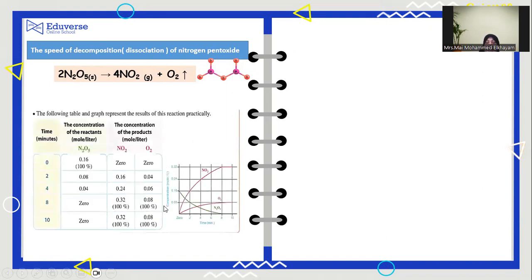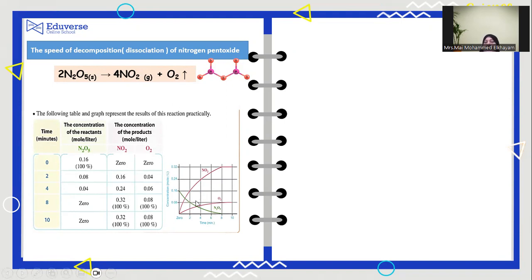If we illustrate this as a graph, please, again, keep your eyes on 0 time. At 0 time, you can tell me about the reactants and products. Look at 0 time and tell me which curve has the largest concentration. You will say the green one. So the green one is the nitrogen pentoxide, while both of the 2 red curves are the nitrogen dioxide and oxygen gas.